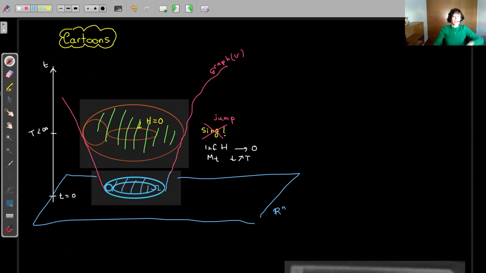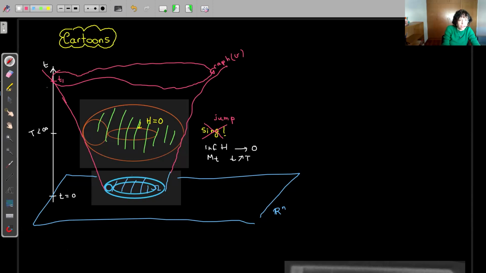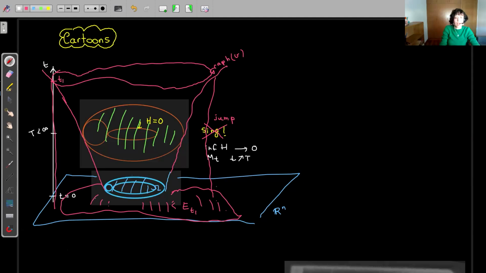And everything happens outside of omega, because imagine that here we have T1, and at T1 I will have some evolving hypersurface. If I project downstairs, what we will have here will be all the E_T1, that is all the values where v is smaller or equal than T1. So somehow what happens is that everything happens outside of omega.